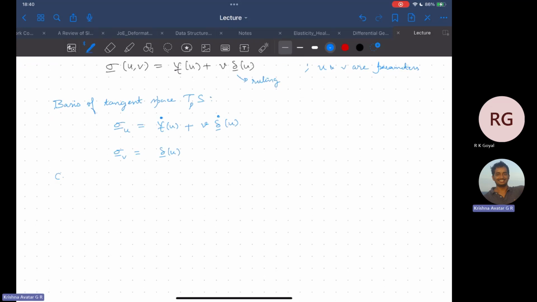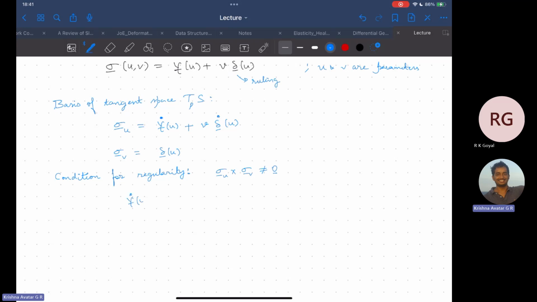So let's write something called the condition for regularity. All that we know is that sigma vector U cross sigma vector V must not be equal to the 0 vector. So that is the condition for regularity. Let's just take a look here.